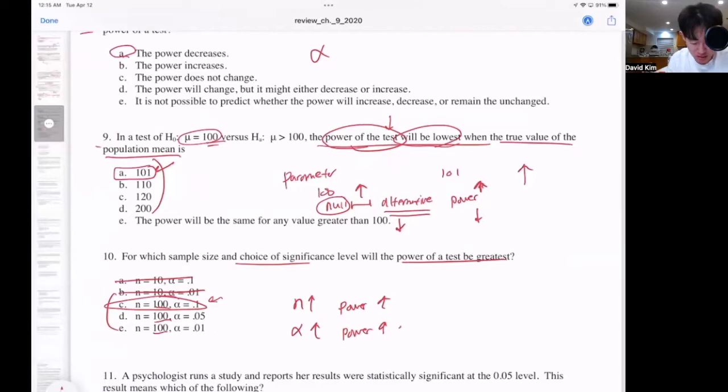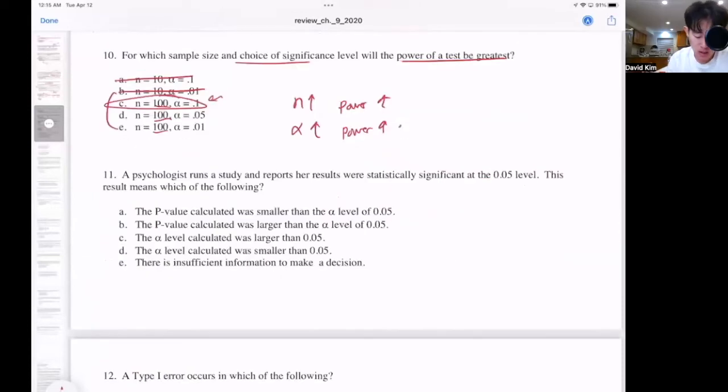Number 11, a psychologist runs a study and reports her results were statistically significant at 0.05. This result means which of the following? When we say statistically significant, I don't think I actually went over this, but this means that the alternative hypothesis, whatever they're trying to prove, is going to be true.